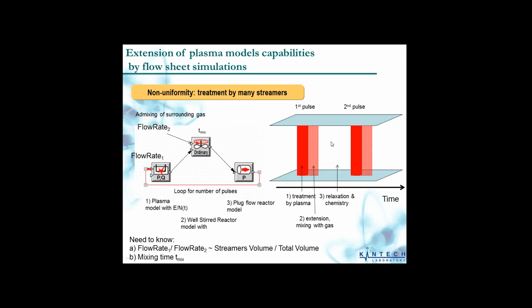The result of the simulation can be sensitive to the mixing time, and the mixing time can be estimated through the characteristic size of the streamer and the turbulent diffusion coefficient or something else like that. So flow sheet simulation brings us a very strong additional possibility to simulate not only a uniform system but a non-uniform system also.